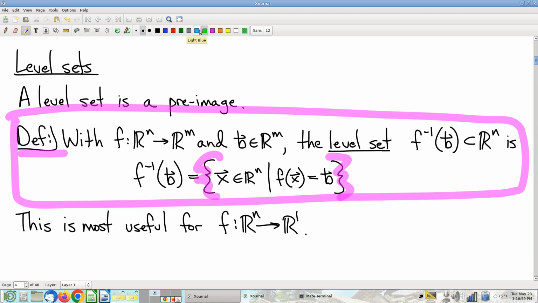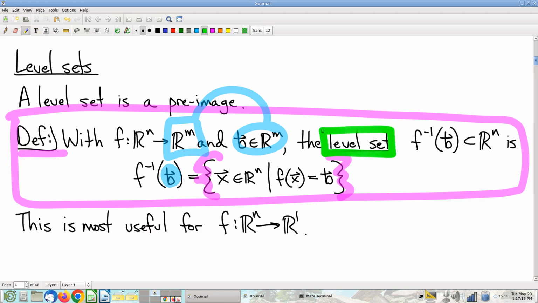Given this output value sitting inside of R^m, given an output, the level set is the set of all input values that, when you plug them into the function, give you the designated output value.